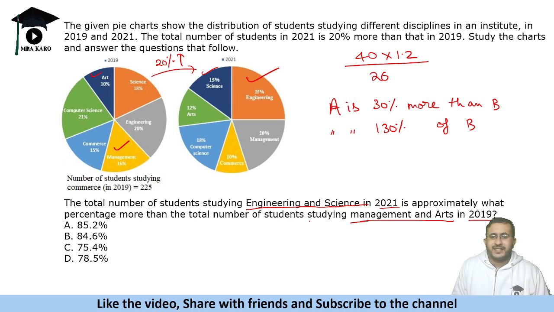So it is asking what percent more, right? We will not calculate what percent more. We will calculate what percent of and then subtract 100 from it.